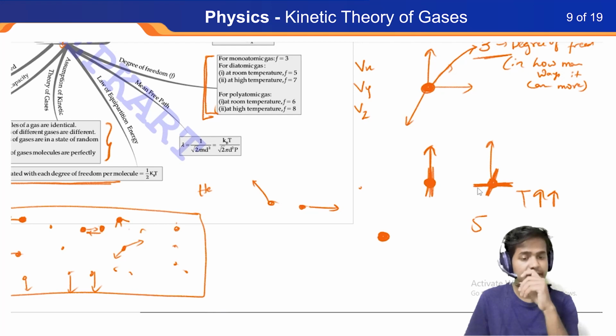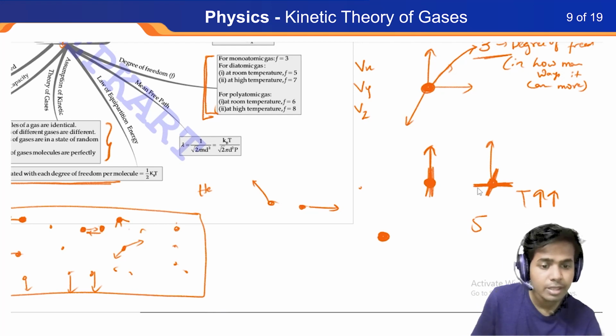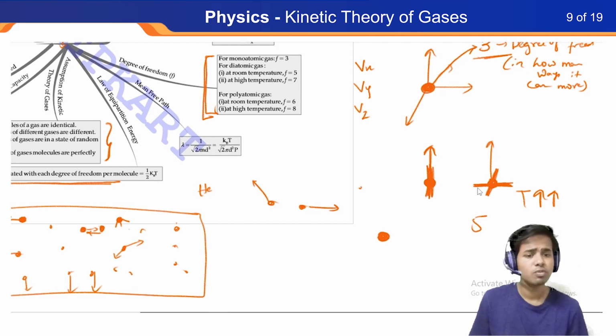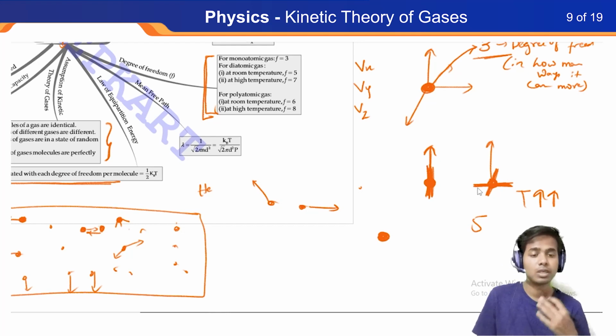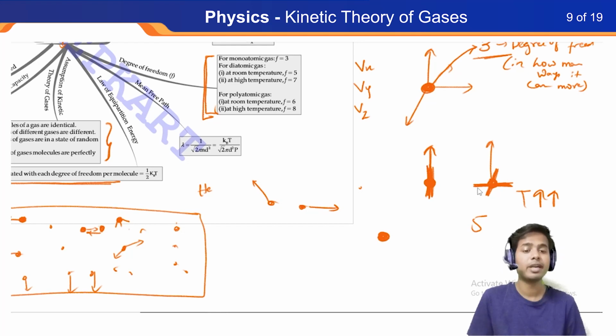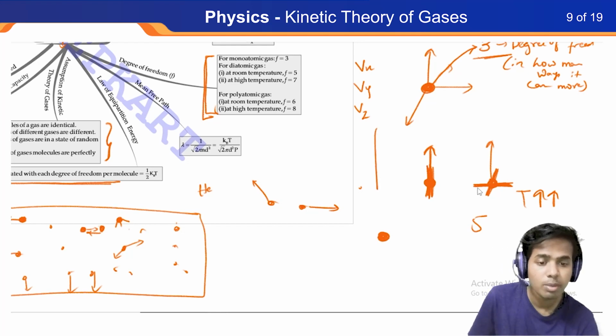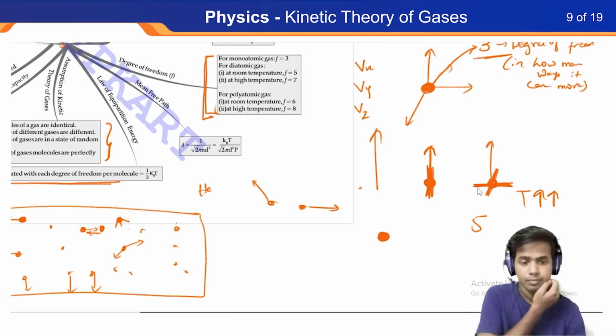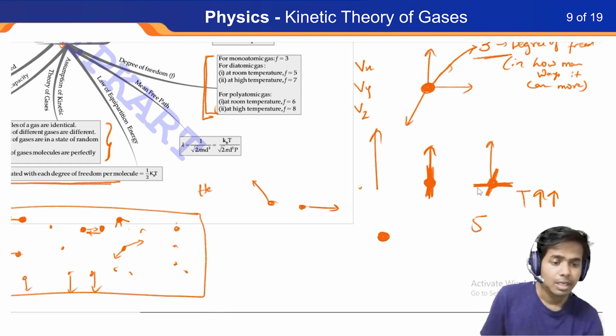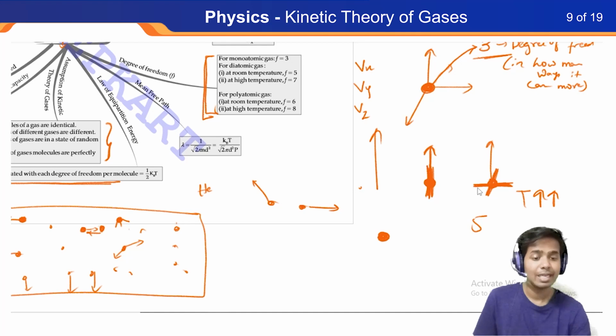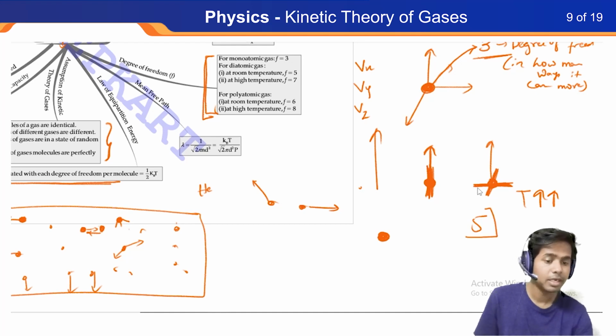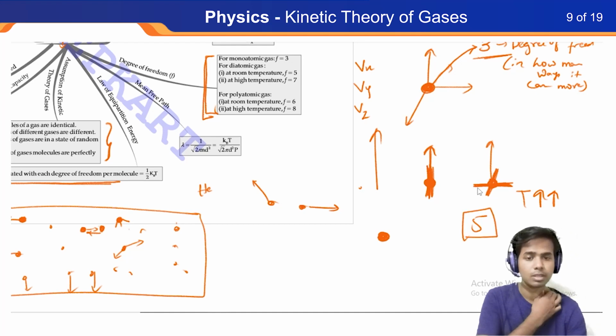Why does it not become 6? Because vibration in this direction is sort of pointless. It doesn't add to the actual independent motion of the body, because this motion becomes dependent on the original velocity of the body, which was in this direction. All right. That is why monoatomic particles at higher temperature will have a degree of freedom of 5.